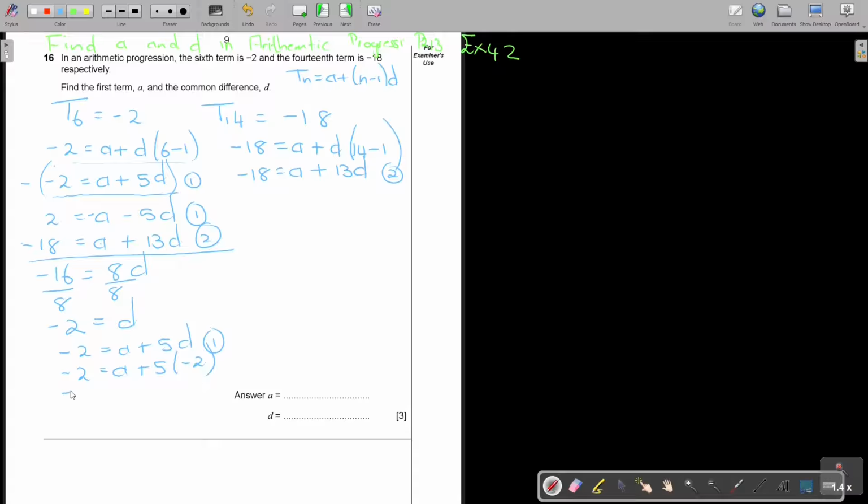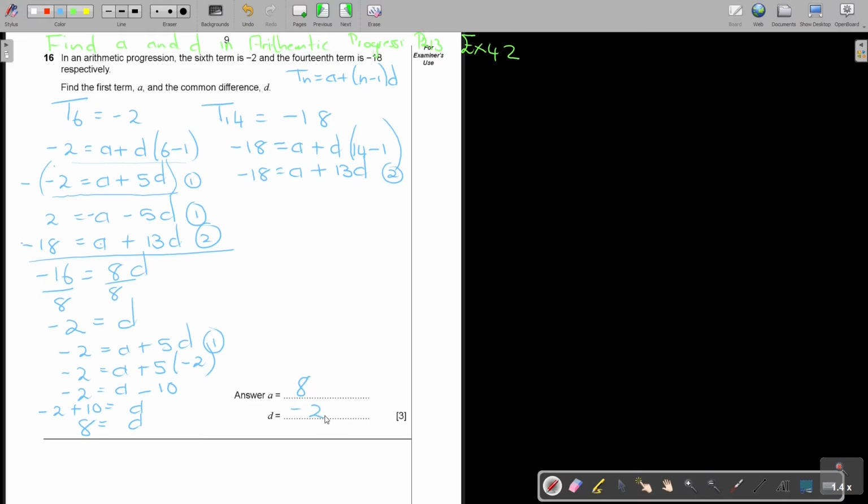And then it's -2 equals A minus 10, and the value of A is -2 plus 10. The value of A is going to be 8. So the value of A is going to be 8. The value of D is going to be -2.